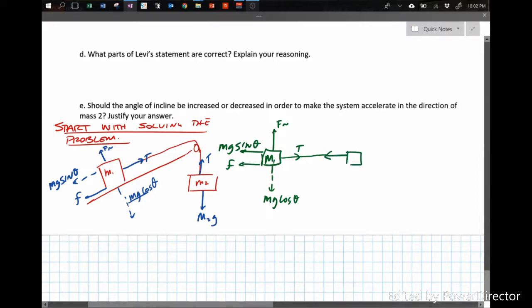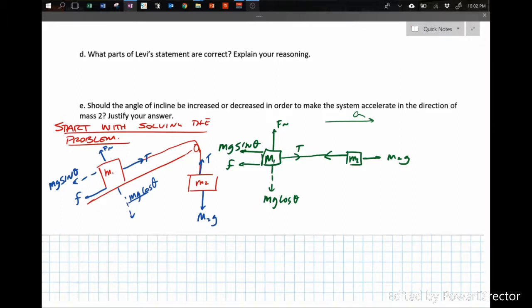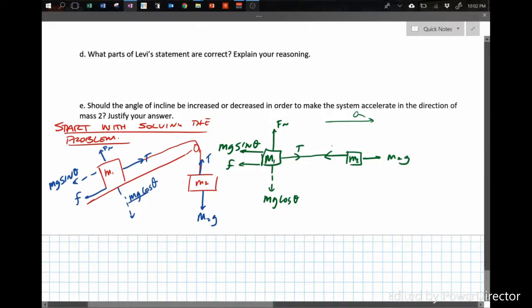Tension pulling in the opposite direction, the mass 2. And we said M2G was pulling opposite that tension. So, let's say for now, we want to accelerate in the direction of mass 2. So we're going to go that way. It's going to help me look at my forces a little bit better.